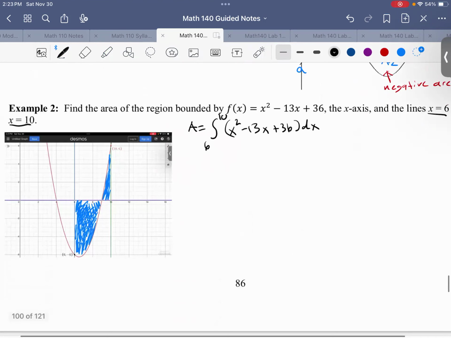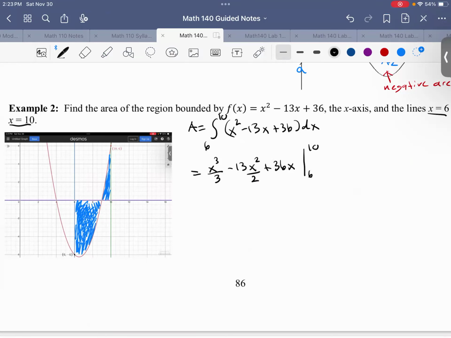So if I integrate this, it would become x cubed over 3 minus 13x squared over 2 plus 36x going from 6 to 10.